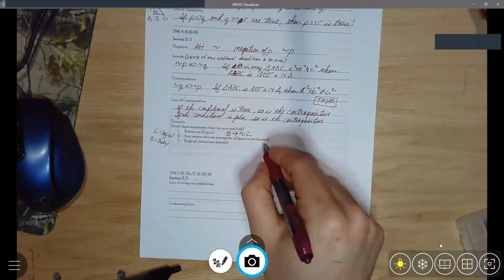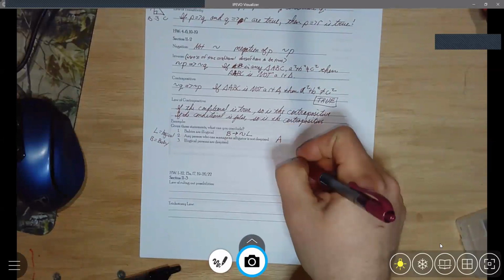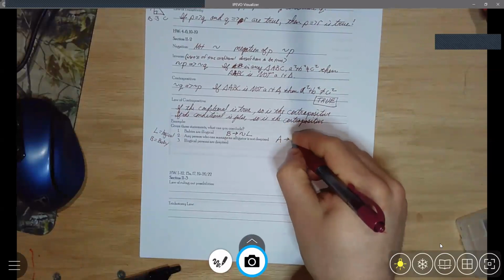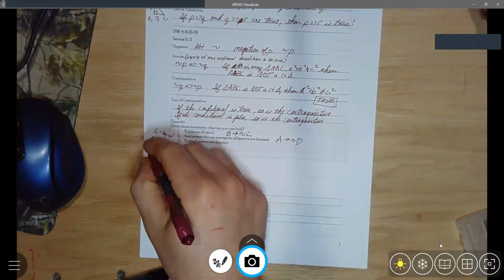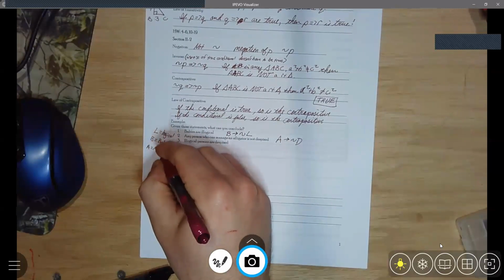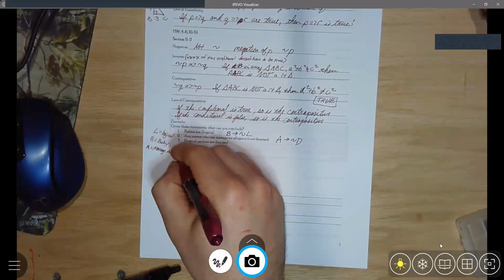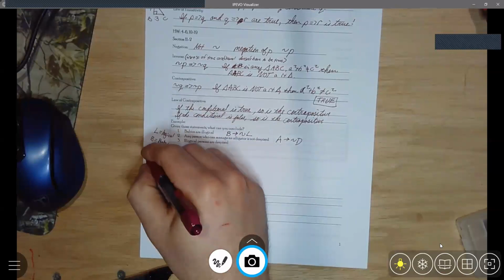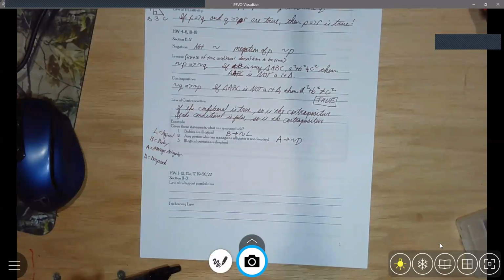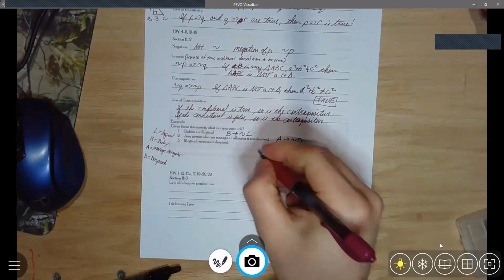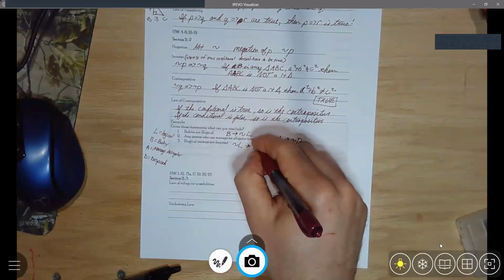Any person who can manage an alligator is not despised. So if you can manage an alligator, that implies that you're not despised. So over here, I'll add A, which means you can manage an alligator, and D means you're despised. All right, and then illogical persons are despised. So if you're not logical, that means you're despised.